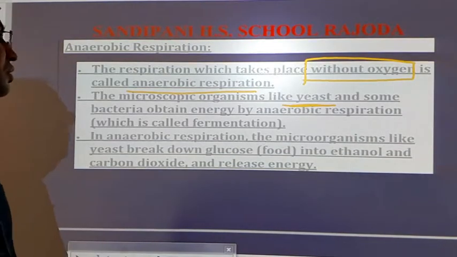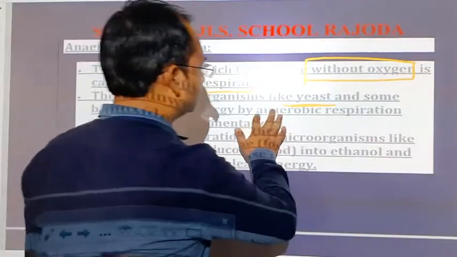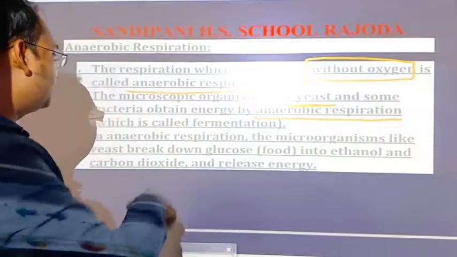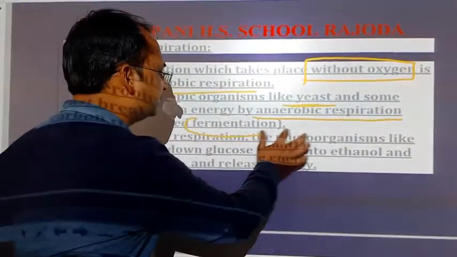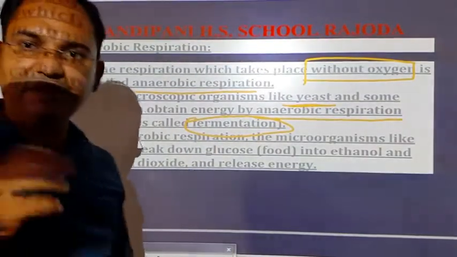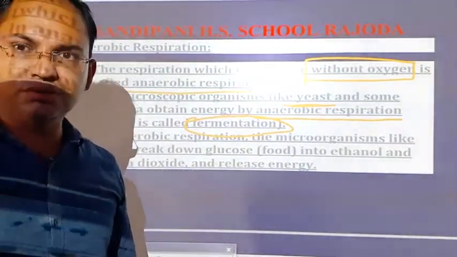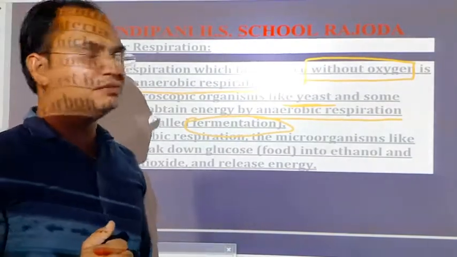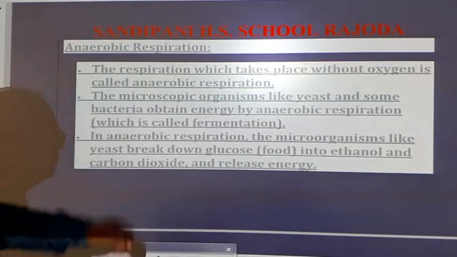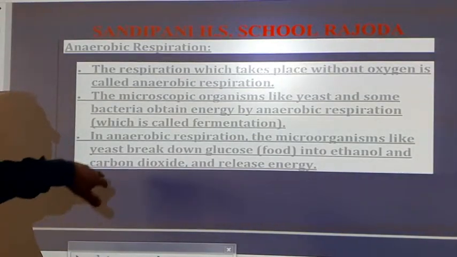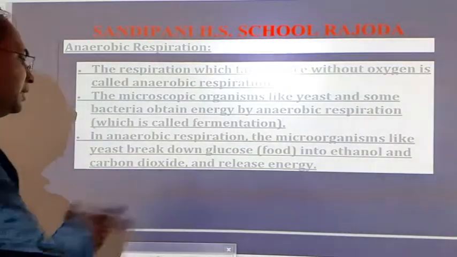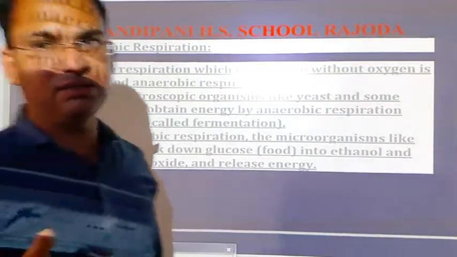So they are called anaerobes, and this process is called fermentation. The production of energy by anaerobic respiration is also known as fermentation. Next, students, in anaerobic respiration, microorganisms like yeast break down glucose into ethanol and carbon dioxide and release energy.